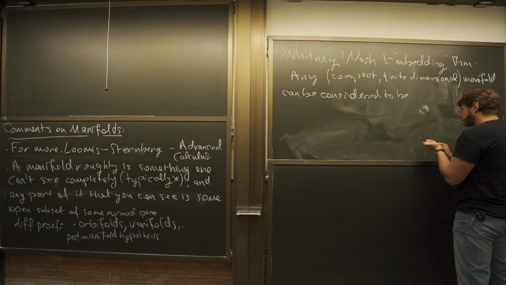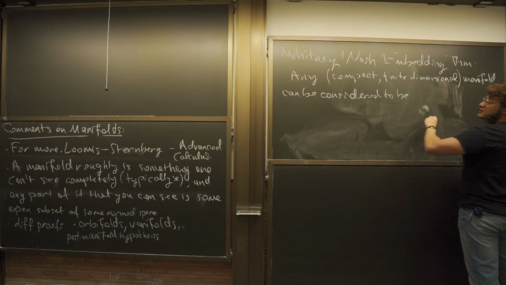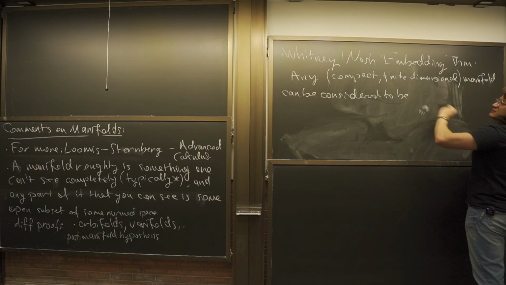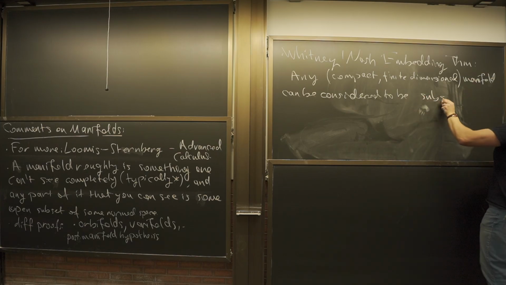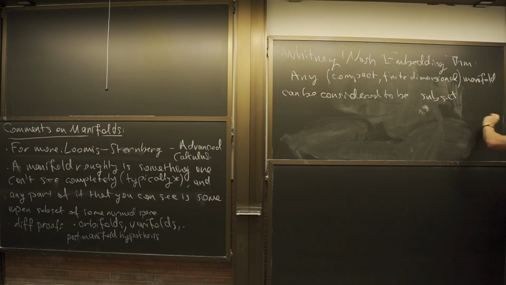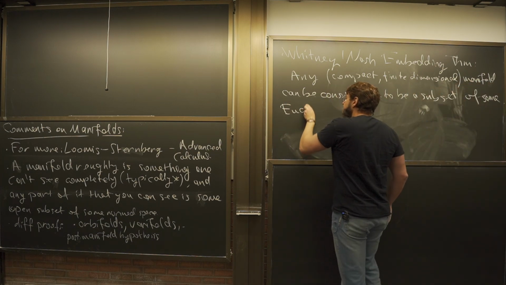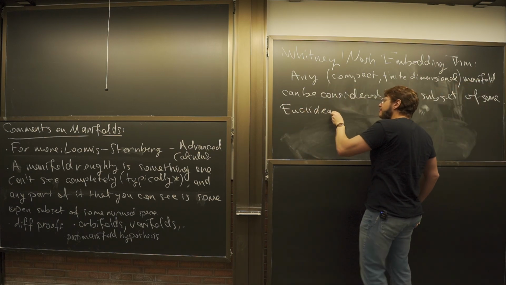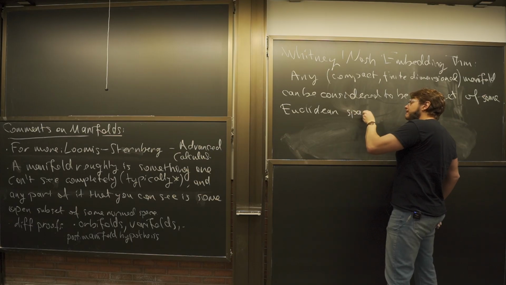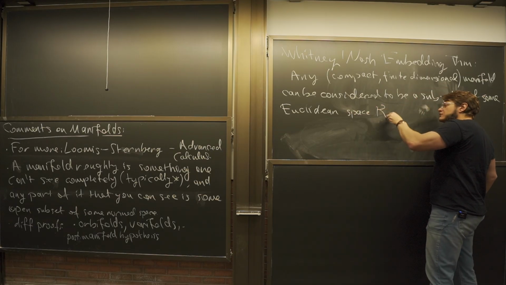There are certain dimension bounds, but let's not get there. To be a subset of some Euclidean space, meaning Rn.